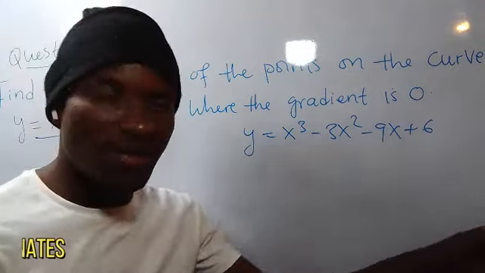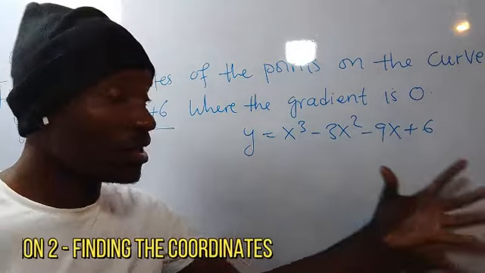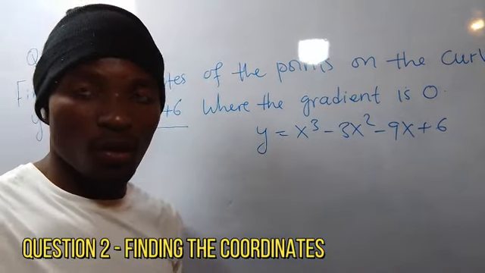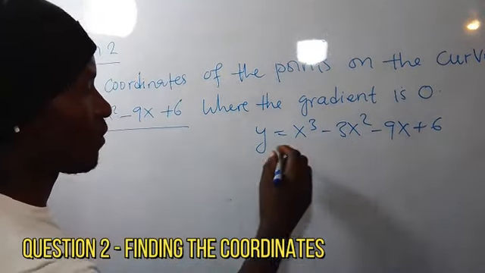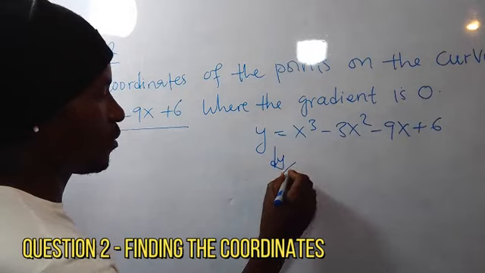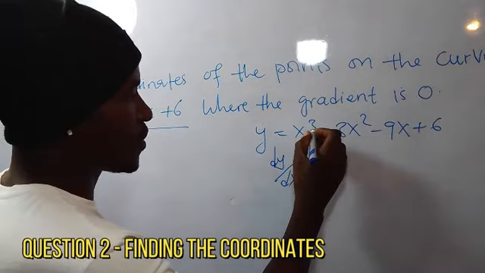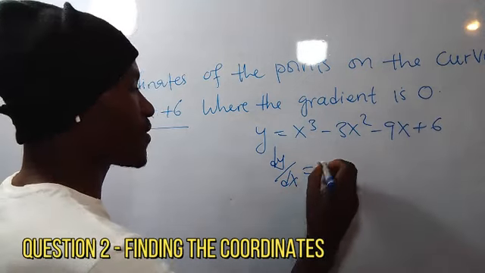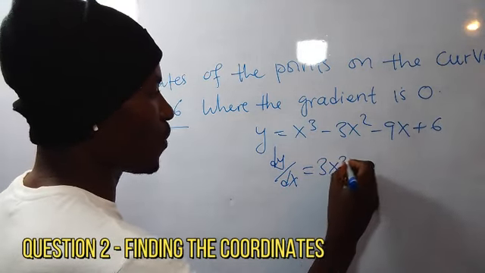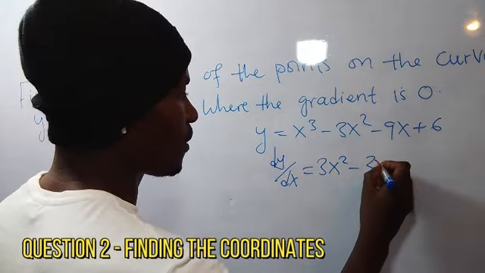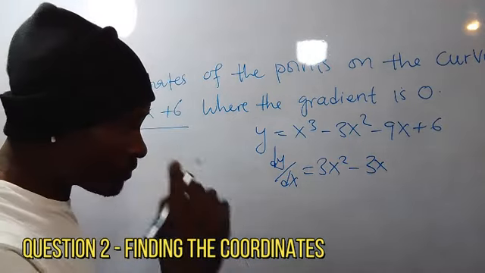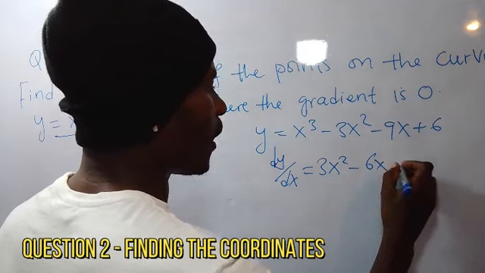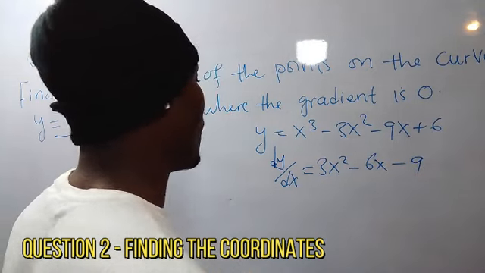So as we saw previously, it's very difficult for you to differentiate something like this. Okay, so what I'm going to do now is just to say dy over dx equals to, so the powers, as we have already done, this is going to be 3x squared minus 6x minus 9, okay.